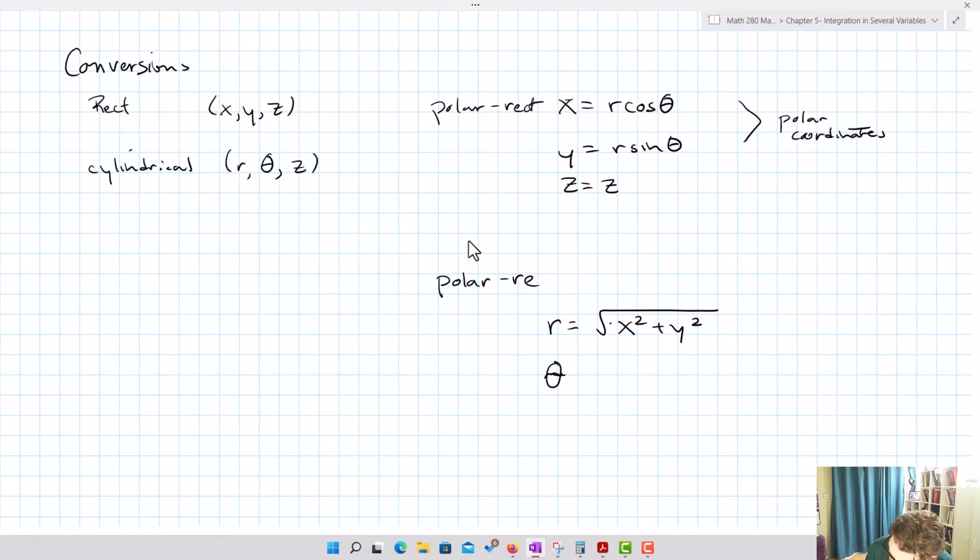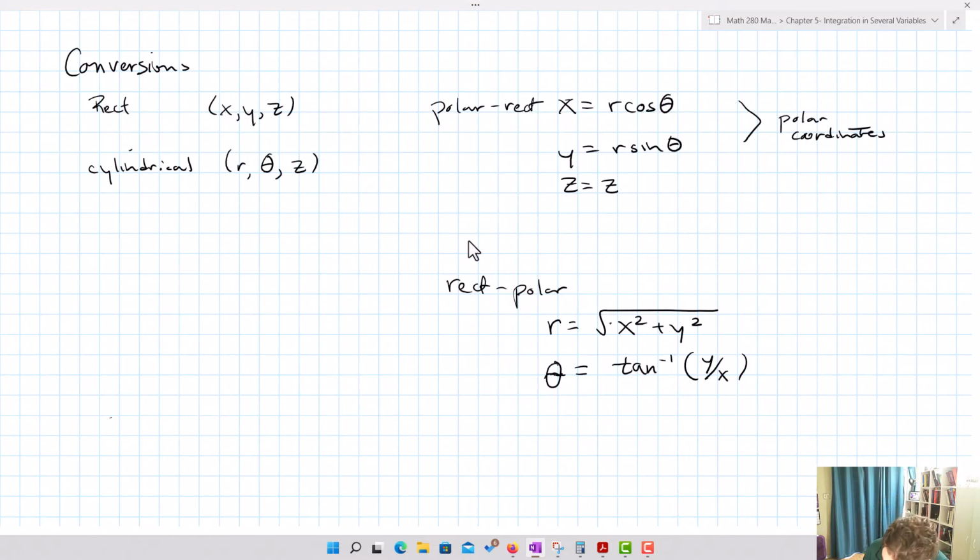And theta is going to then equal the tan inverse of y over x. Basically, the tan inverse of the slope of whatever triangle you're developing.